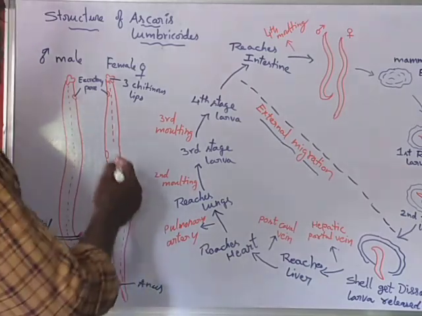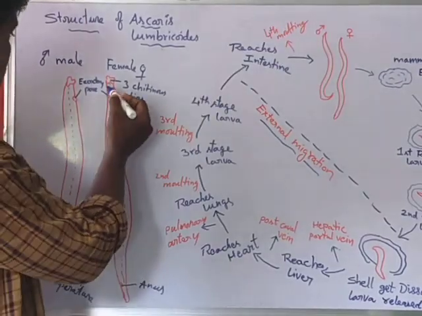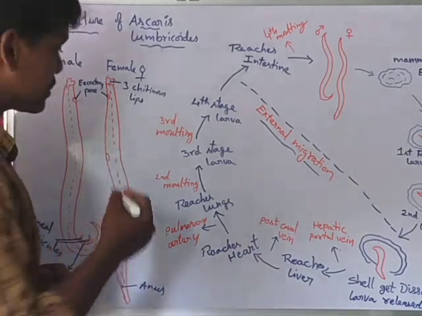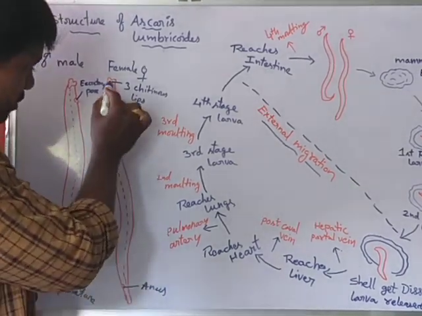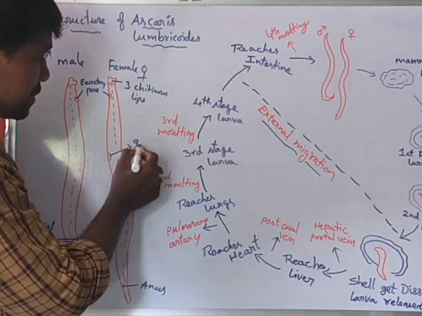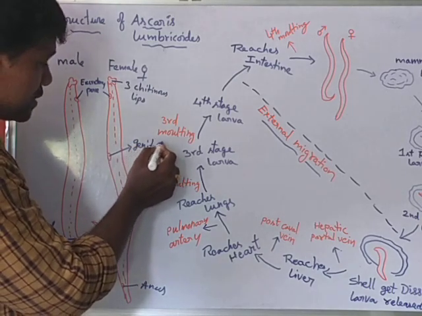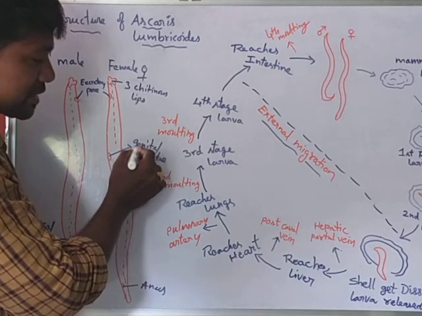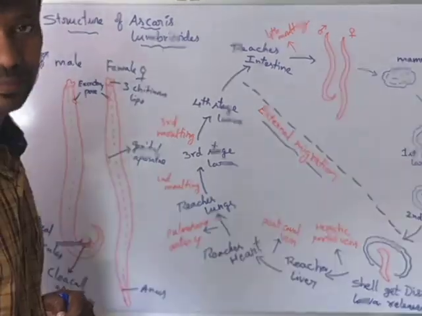At one third of the length from the mouth, there is an aperture called the genital aperture, also known as the reproductive aperture.